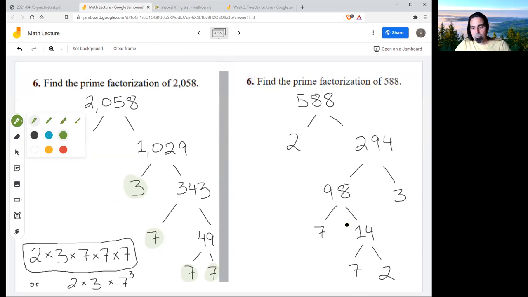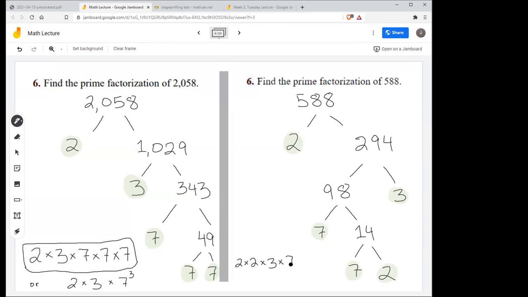Okay, so especially if you're like me and wrote it in such a way that your leaves are sort of all over the place, then I'm going to highlight the leaves so that I don't forget any. And then let's see what this is. There's a 2 and another 2 and a 3 and 2 sevens.